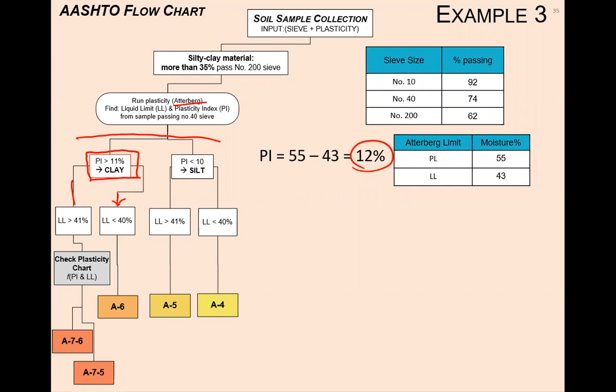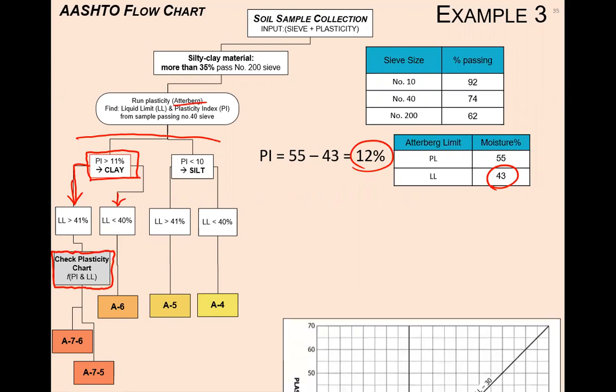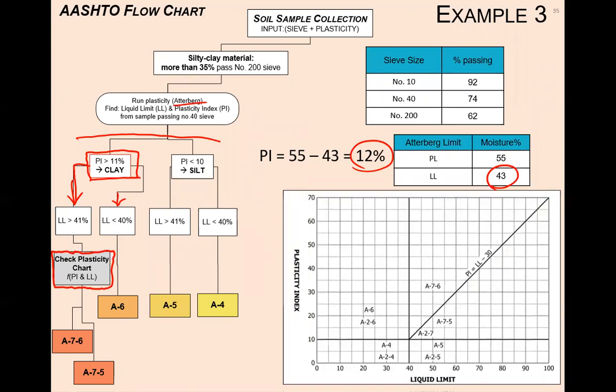Is the liquid limit greater than or less than 40? Liquid limit of 43, so it's greater than 40. So now what we would actually need to do is check the plasticity chart to determine if it is an A-7-6 or an A-7-5.